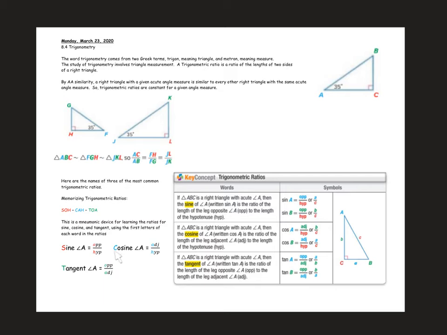C for cosine: that ratio is the adjacent side, A, over the hypotenuse, H. And lastly, we have tangent of angle A. It is the opposite over the adjacent. T, tangent, O, opposite, A, adjacent.